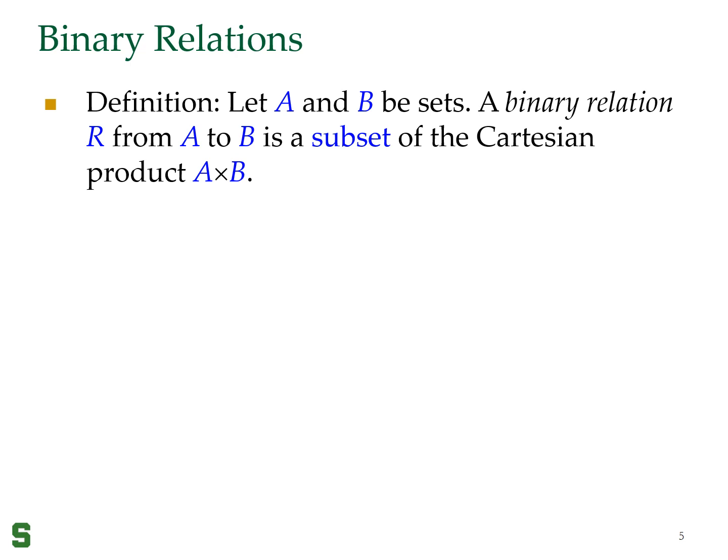That means we are going to take two sets A and B, and a binary relation R from A to B is a subset of the Cartesian product A cross B. So essentially, we take the Cartesian product A cross B, and whatever subset of it we take would be a relation.